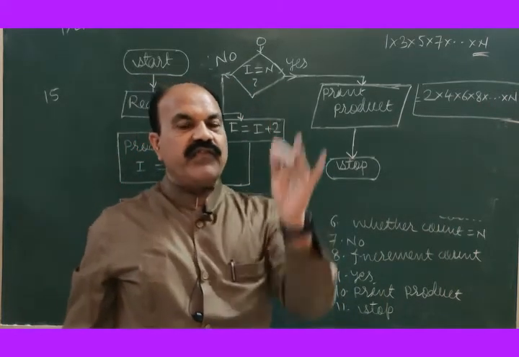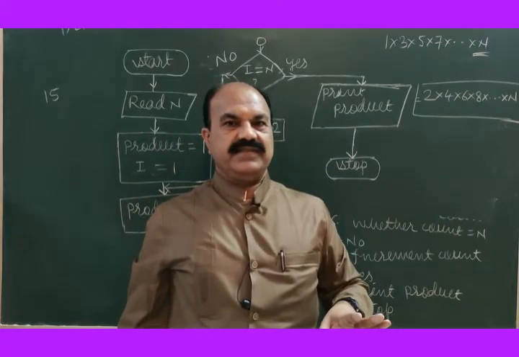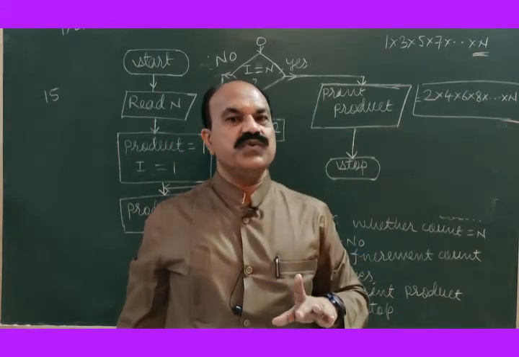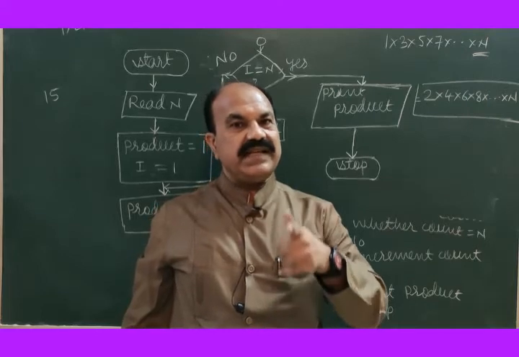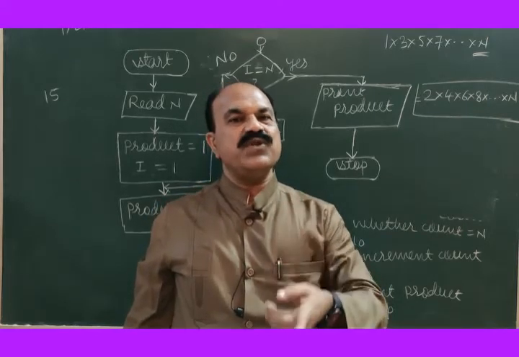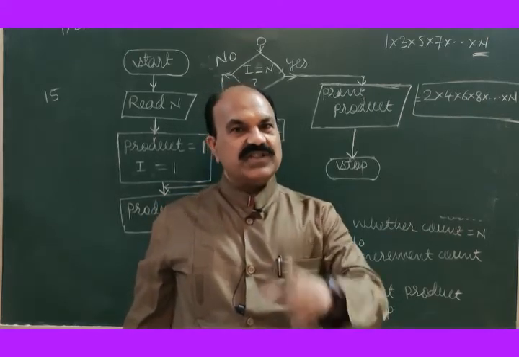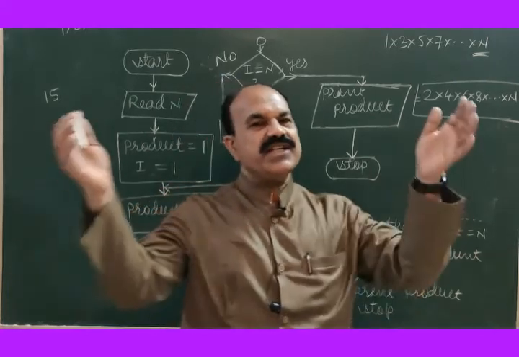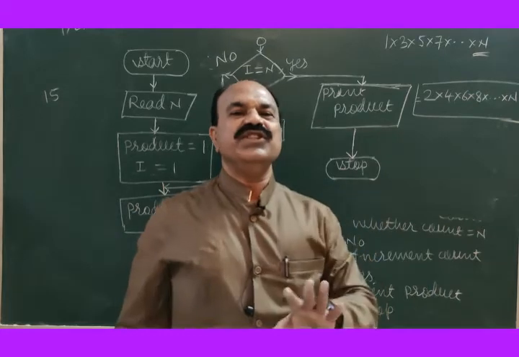N is again finite even integer, because we have to write the algorithm and flowchart for product of finite series. Finite series, the series which has a finite number of terms.